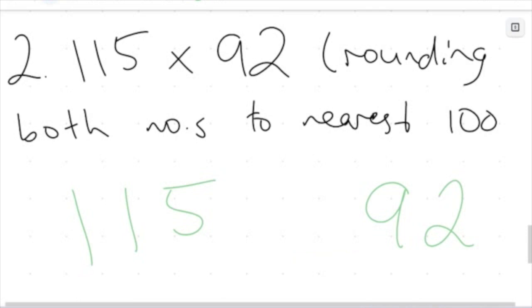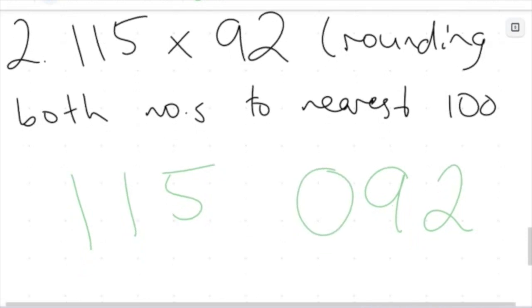So we can think of, how do we represent nothing mathematically? Well, we can use the number 0. So I haven't changed the fact that this is 92, but I just added a 0 to show that this is 92 with a 0 in the hundreds column. It means the same thing.